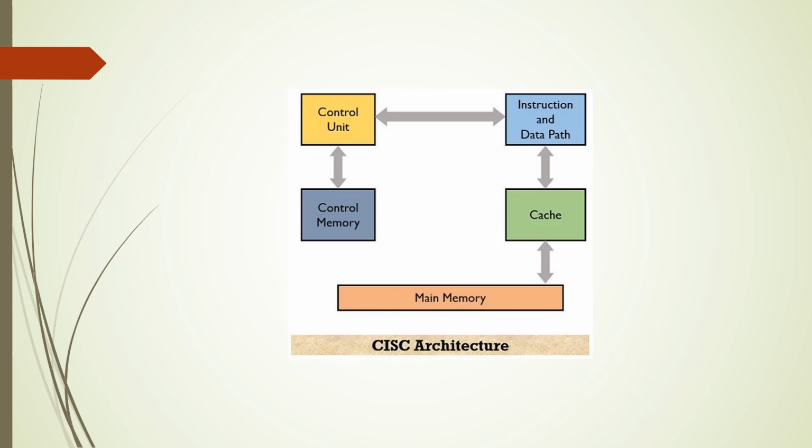As we all can see, the CISC architecture is given here, which contains control memory, control unit, instruction and data path, cache, and main memory. This is the architecture where CISC can be operated.